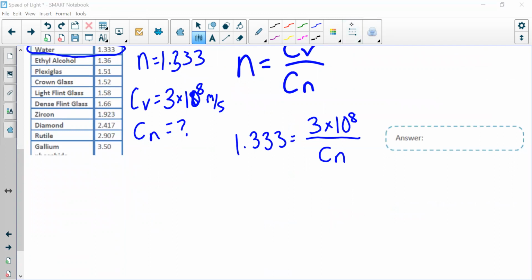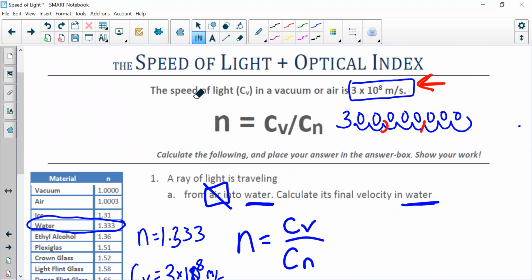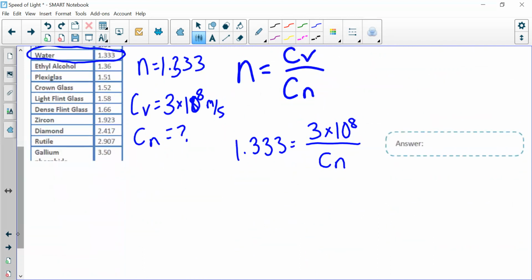Elsa, 3 times 10 to the power of 8 is the speed of light. It's right here. It never changes. CV never changes. Melody, because the 1.333 is technically over 1, could you just cross multiply and then divide? Yes, you can cross multiply. So I can multiply the CN out of the denominator here.